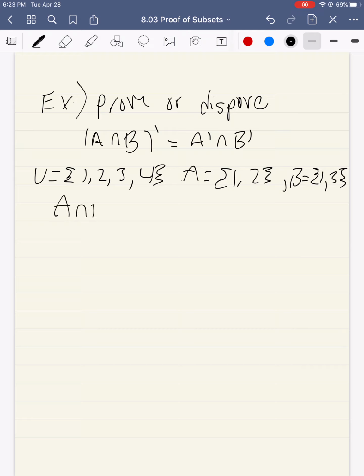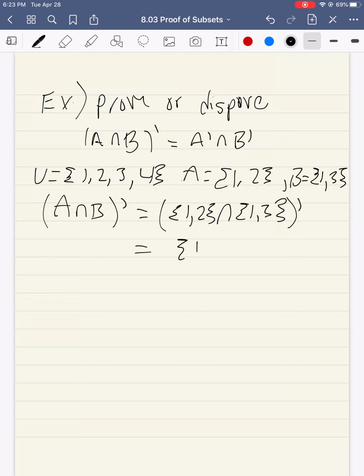So (A intersect B) complement: the intersection of these two sets is just 1, so the complement of that, everything in the universal set that's not 1, would be the set containing 2, 3, and 4.